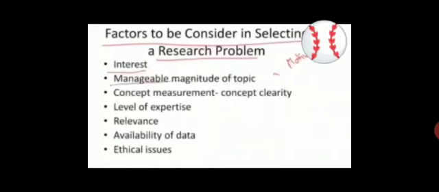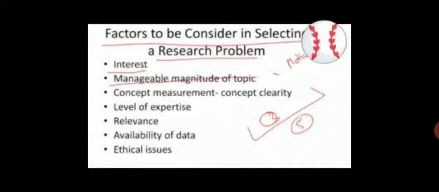Say for example, if you are more interested in ELT, or you are more interested in discourse analysis or corpus linguistics, you would be selecting the topic of your research or research problem from the same area. Next thing which we have to consider when selecting a research problem is manageable magnitude of topic. We have to select a topic which we can complete in the specified time.